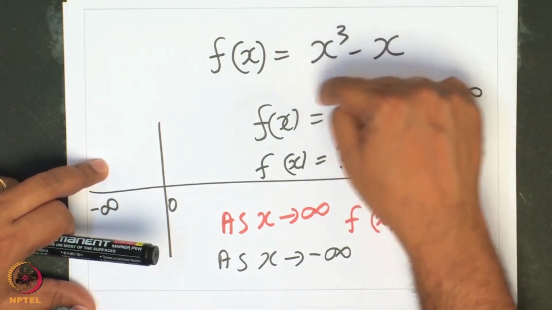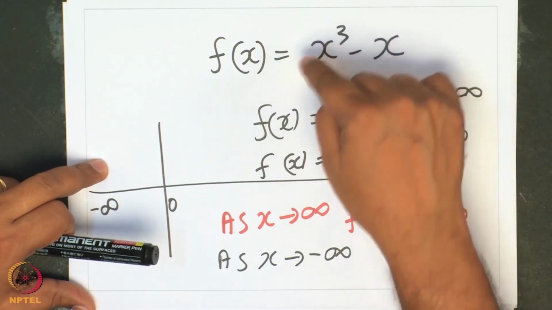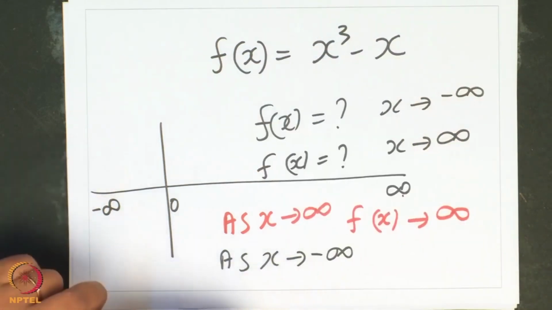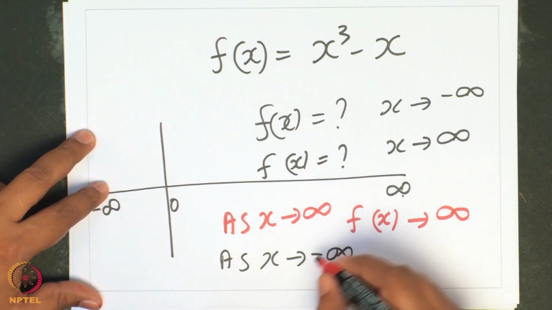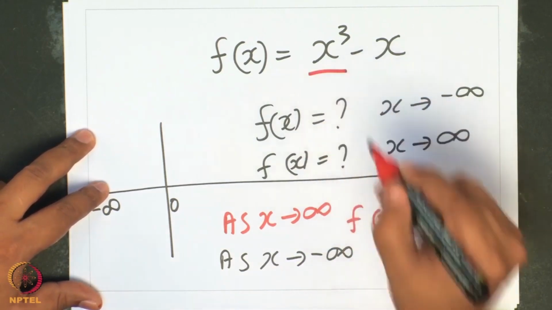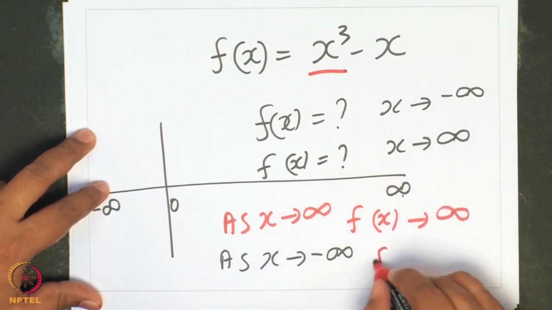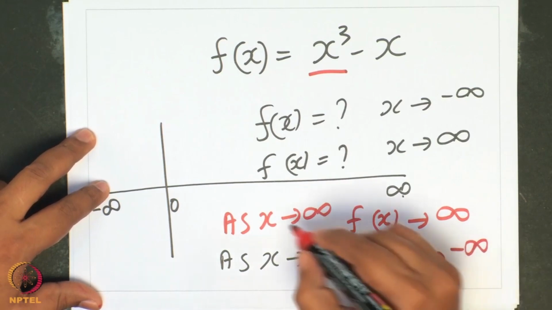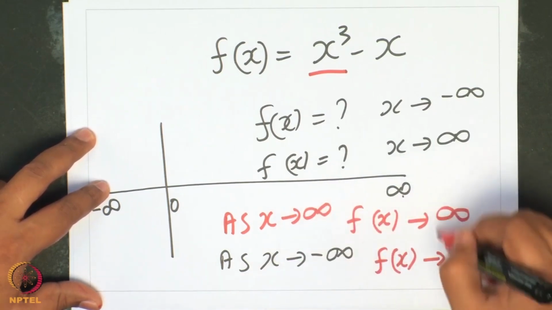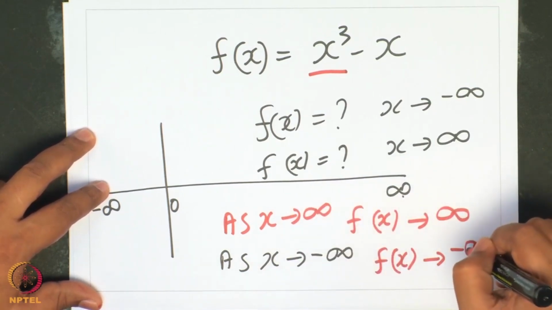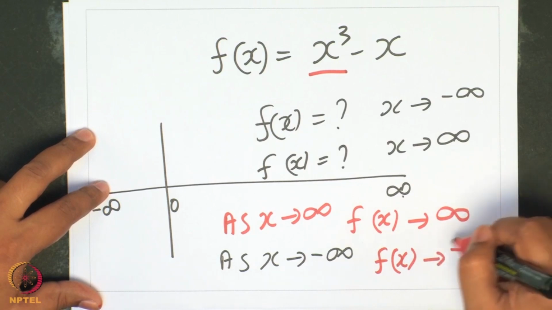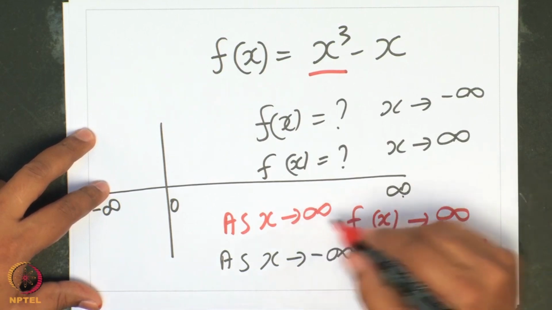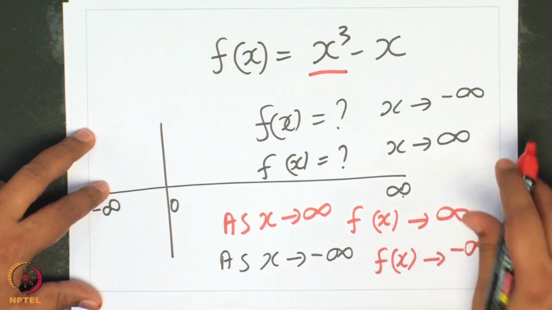Since x cube goes to minus infinity, the function also goes to minus infinity. Therefore, f of x will also go to minus infinity. So, we understood the 2 points, the starting point and the ending point. At minus infinity, the function is minus infinity. When x is plus infinity, the function is plus infinity.